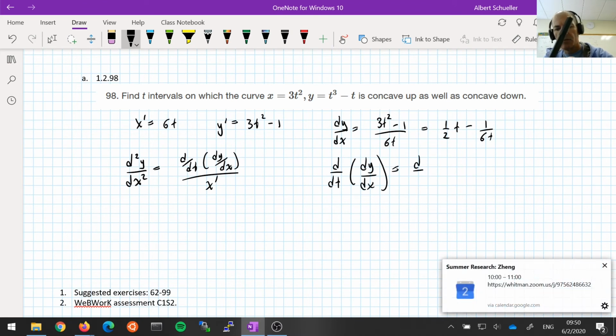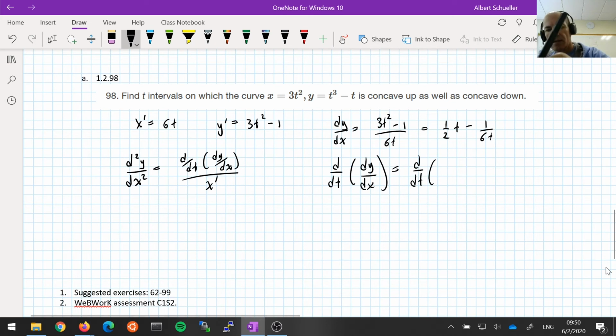That's the derivative with respect to time of 1/2 t minus 1 over 6t. Continuing, the derivative of 1/2 t is just 1/2, and the derivative of negative 1 over 6t is 1 over 6t squared.